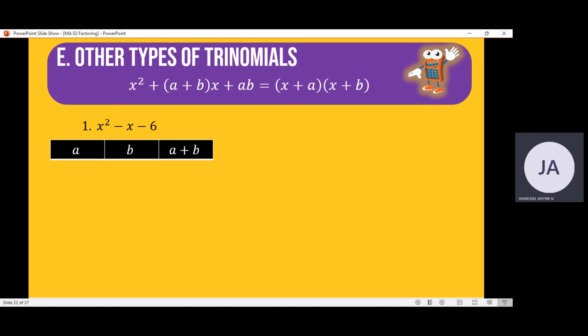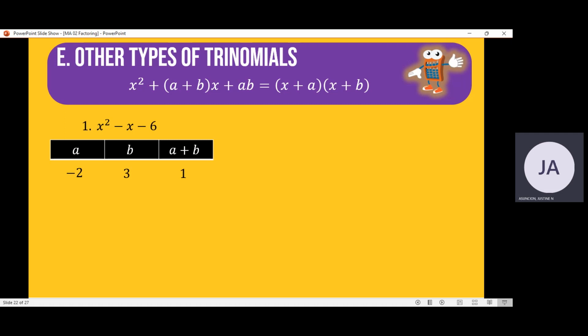For instance, negative 6, the factors of negative 6 are negative 2 and 3. When we add that, it will give us 1. Right, negative 2 plus 3, that's 1. And negative 2 times 3, that's negative 6.